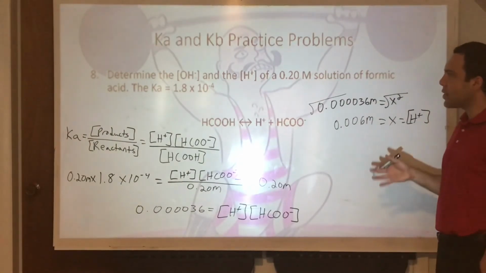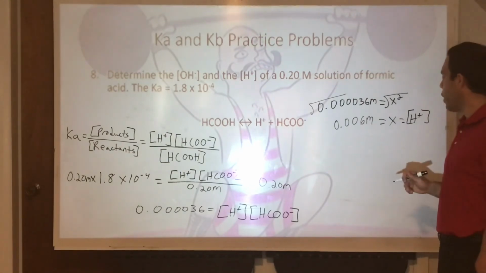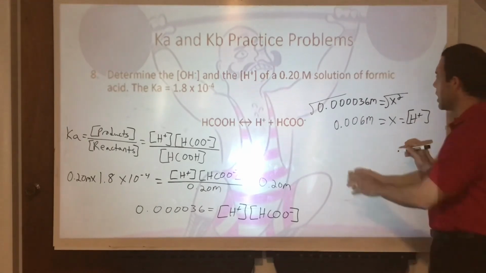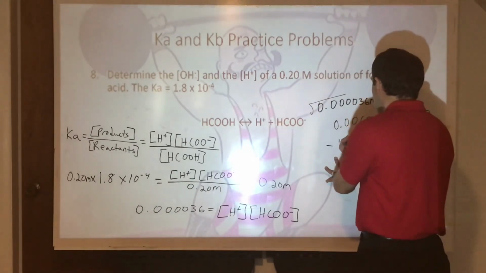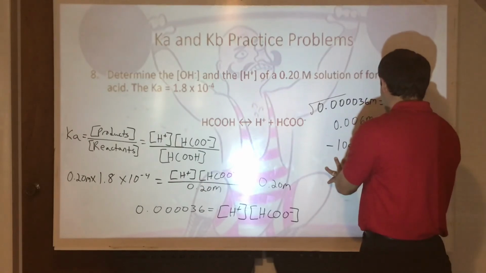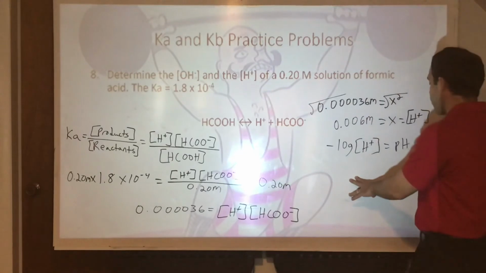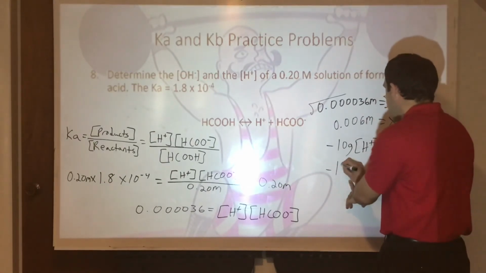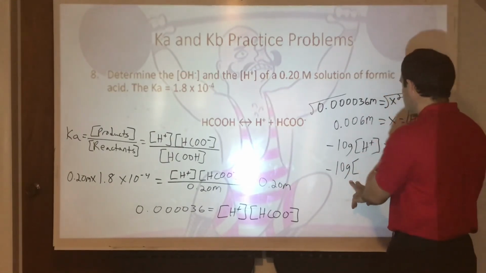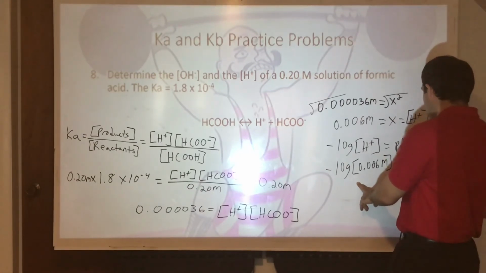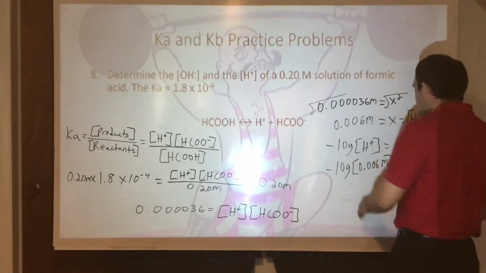It also asks for the OH minus ion concentration. So now that we have the H plus ion concentration, what we must do next is take the negative log of the H plus ion concentration to determine the pH. So our pH will equal the negative log of 0.006 molar.